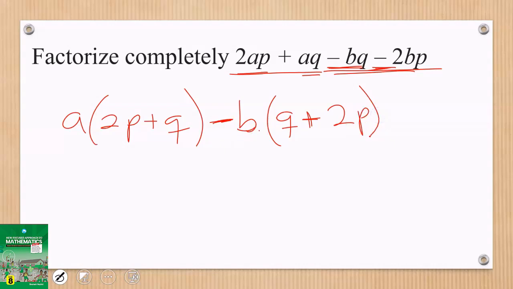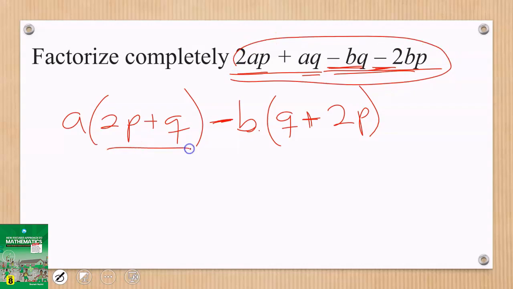Now, when you finish, you always realize that the expressions in the brackets must always be the same. They must always be the same. If they are not the same, then the approach you are using is not right. So you have to reorganize the terms so you can get a factorization that leads to whatever is in the bracket being the same in both terms. Since these are the same, we can factor one out.